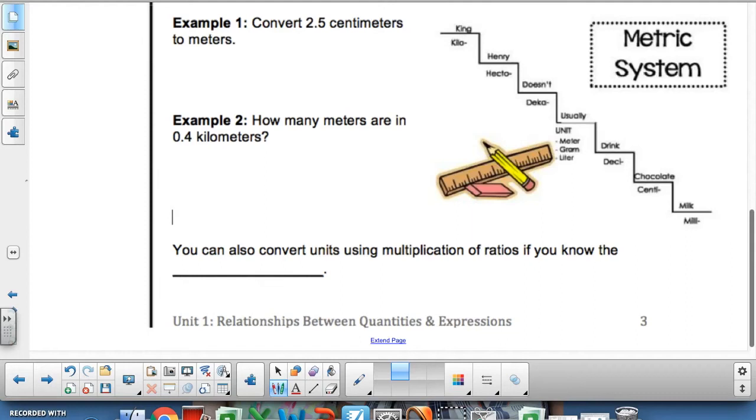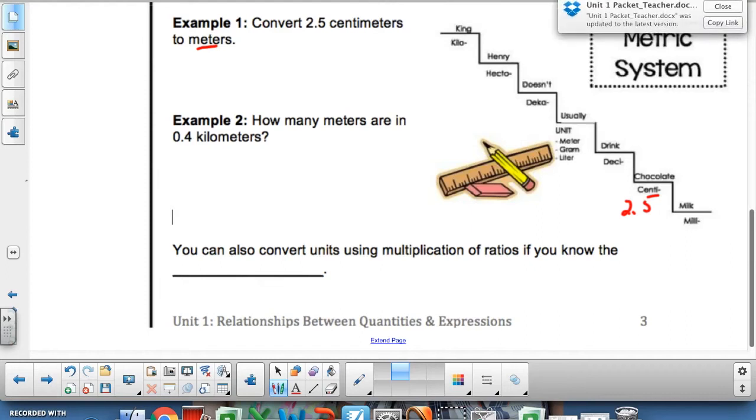So if we're starting with 2.5 centimeters, then that means I am right here on my stairs at 2.5. This problem is asking me to go up to meters. Well, if I've got 2.5 centimeters and meters are larger, then my value, the amount, is actually going to get smaller.